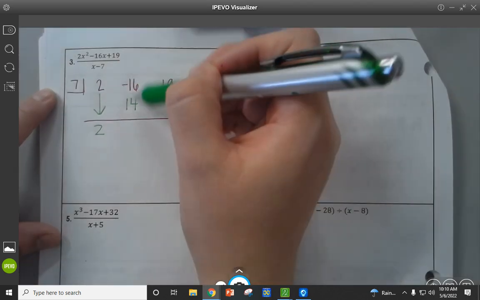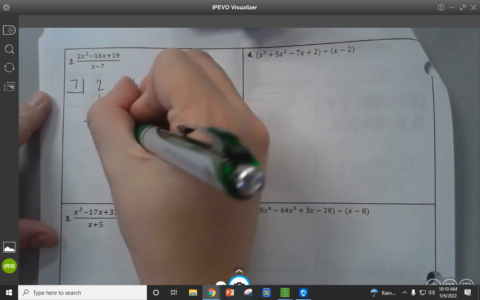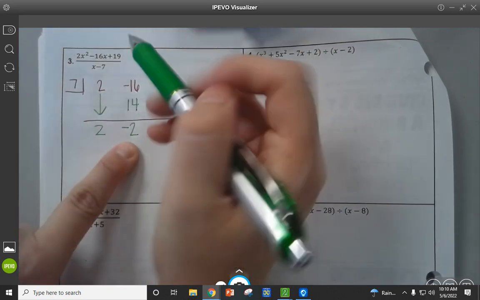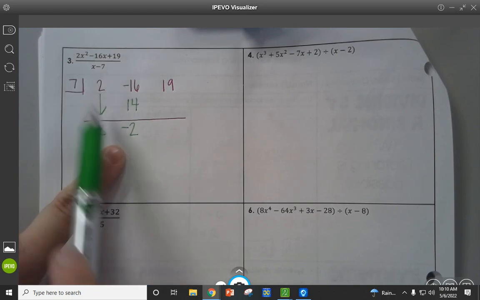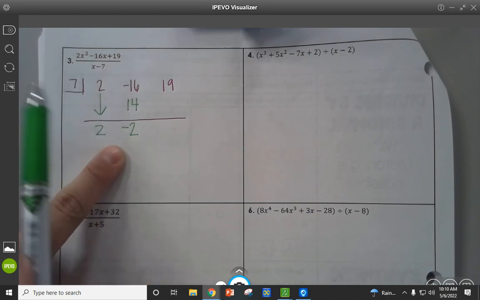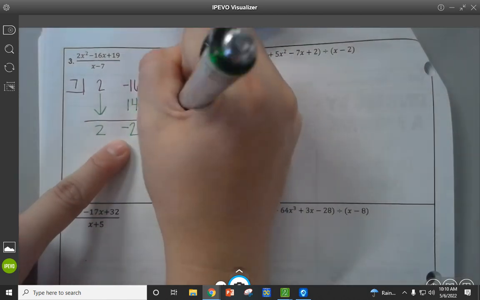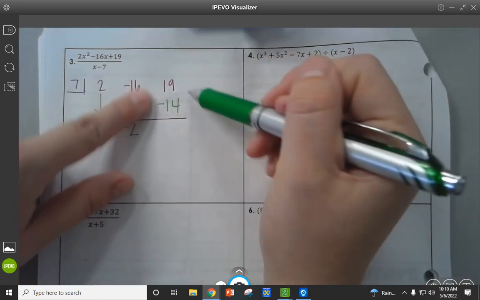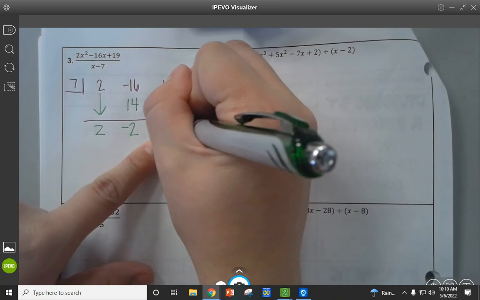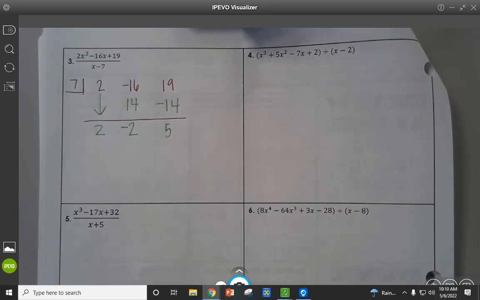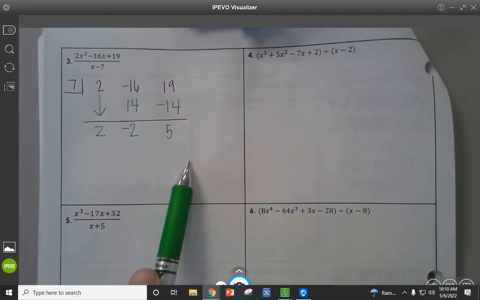Well, first I add these two. What do I get when I add these two? -2. And then I multiply those two. And what do we get? -14. And then what do I do? Add to get 5. So notice how everything lines up in a straight column.